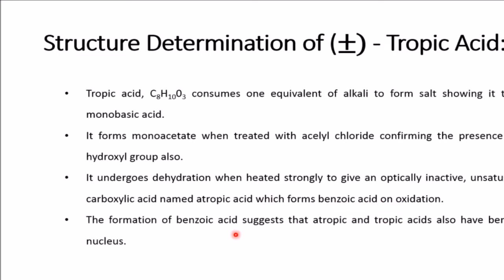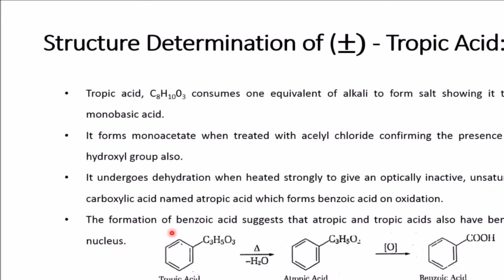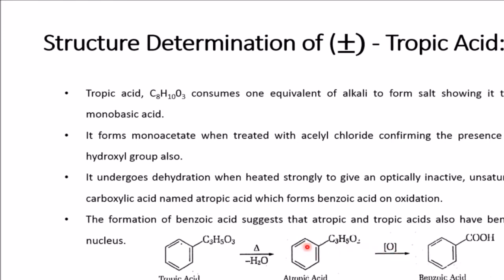The formation of benzoic acid suggests that atropic acid and tropic acid also have a benzene nucleus. Here, tropic acid on heating converts into atropic acid, and on oxidation of atropic acid we get benzoic acid.